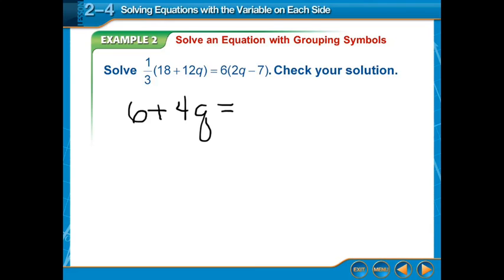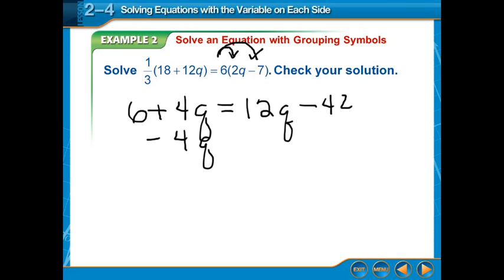Make sure I use distributive property here. 6 times 2q is 12q. And 6 times negative 7 is negative 42. Now I want to solve it for q. I'm going to subtract 4q from both sides. That will leave my q variable positive.